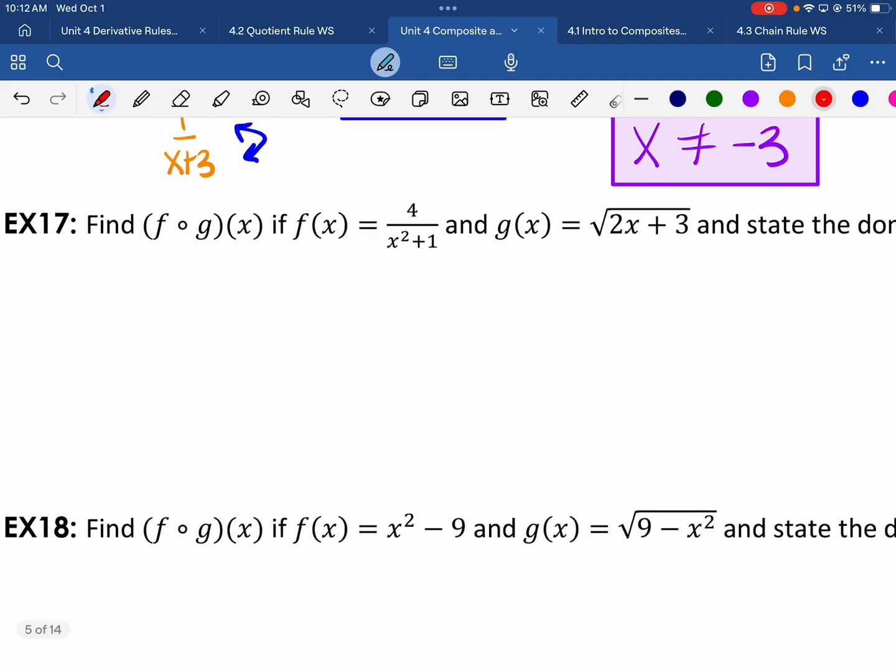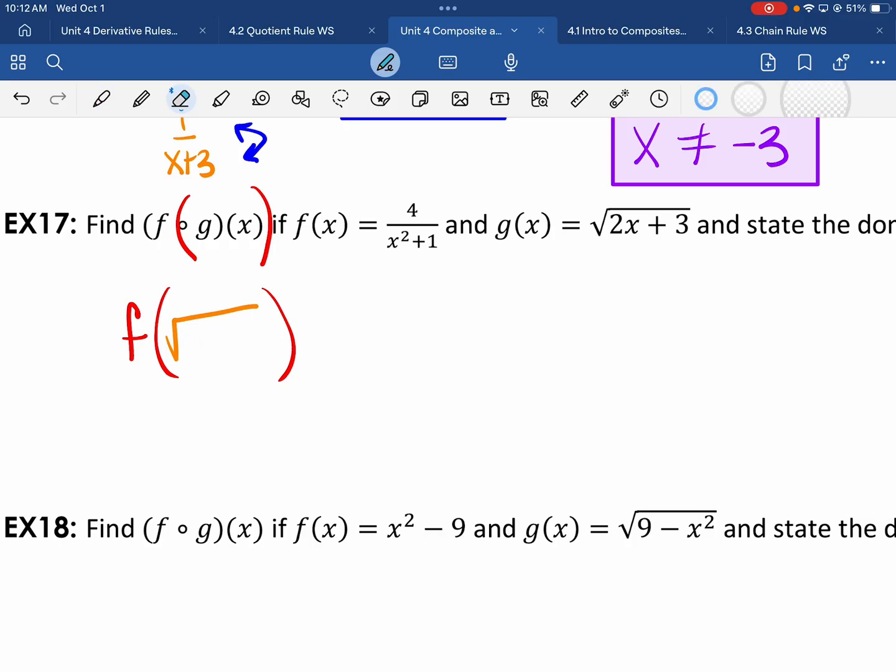All right, let's do another one. So I'm going to put parentheses around g of x. And I'm going to replace that inside function, which is the square root of 2x plus 3. And so we are going to put this guy into the f function right there, in for the x spot.